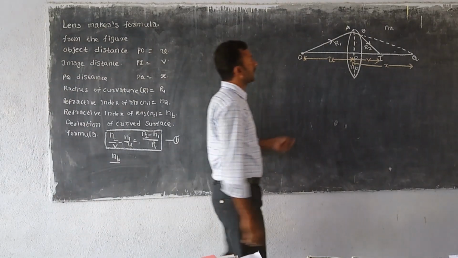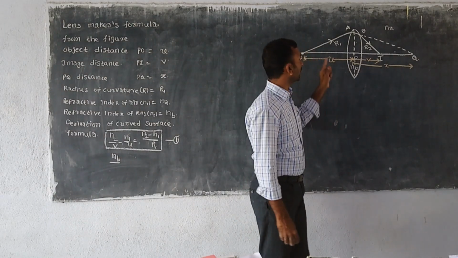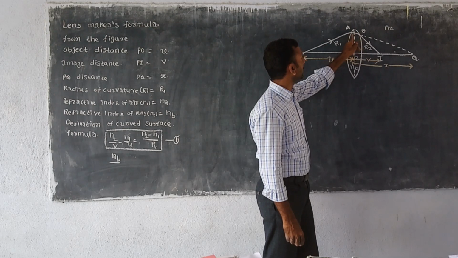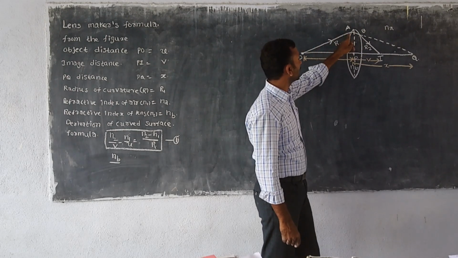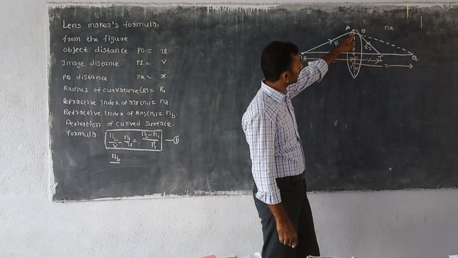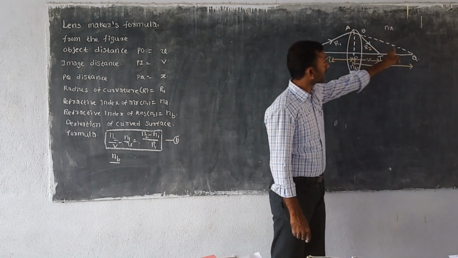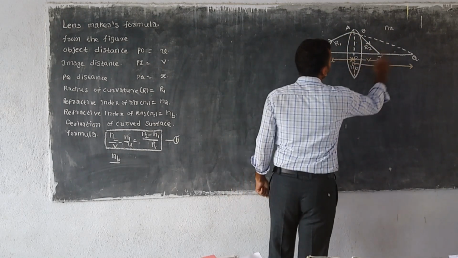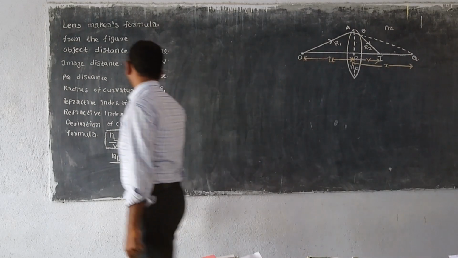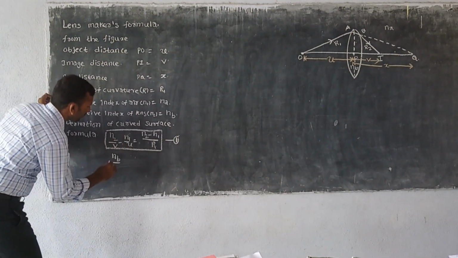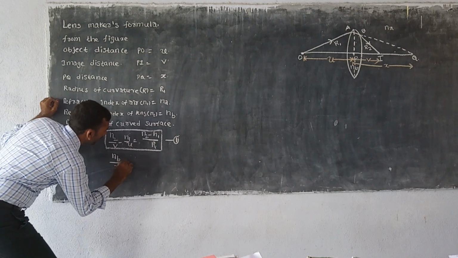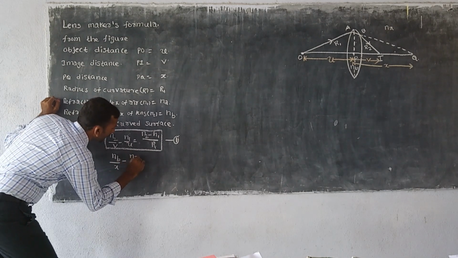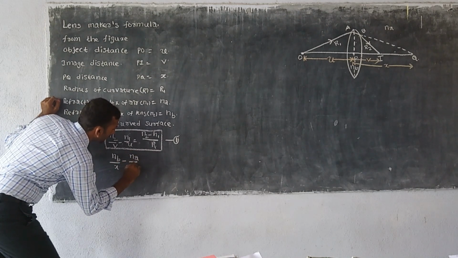In the first case we are taking only one refraction, where the light ray incident on the lens at point A is refracted towards the point Q. That's why we take the image distance as PQ. PQ means X. So NB by X minus N1, which means Na, by U.